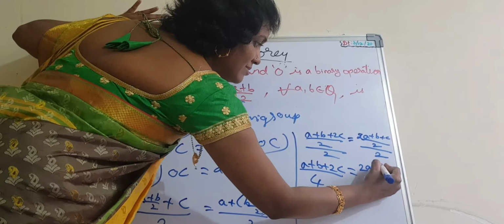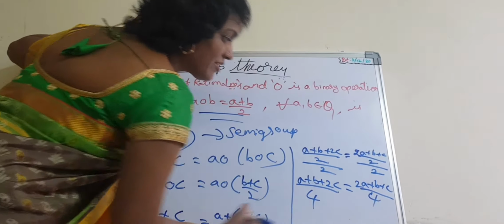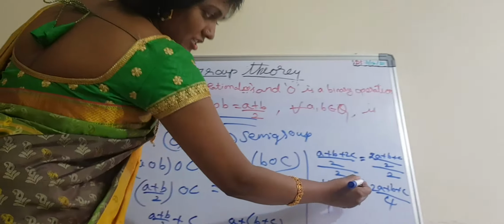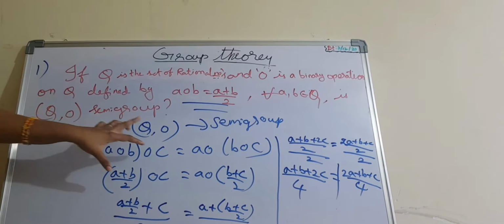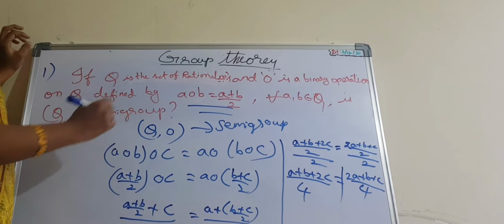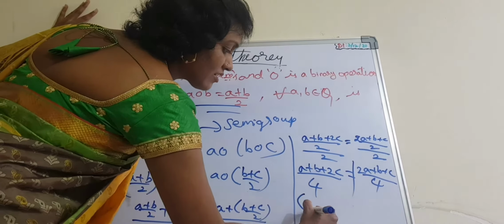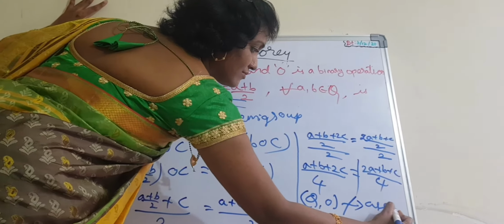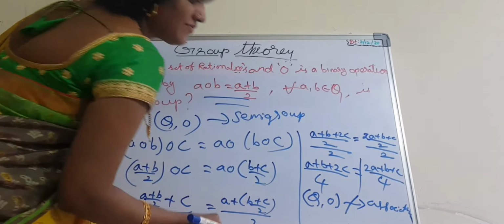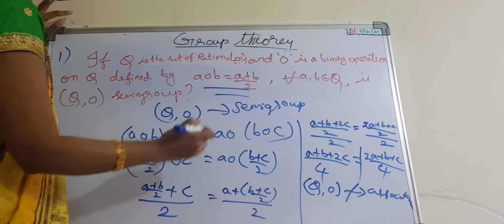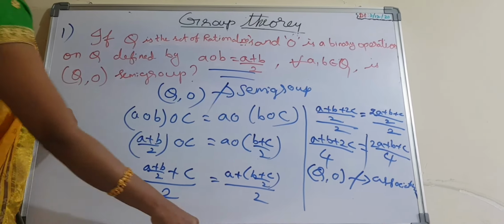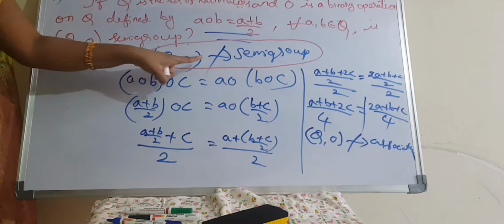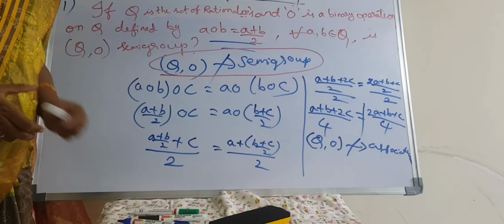Here (2A plus B plus C) by 4. Here LHS and RHS are equal? It is not equal. Therefore, Q circle does not satisfy the associative property. Therefore, Q circle is not a semi group.